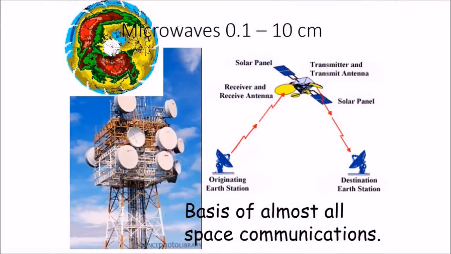Then the microwaves, that is 0.1 to 10 centimeter. Microwaves are the basis of almost all space communications. This is your transmitter, this is your receiver. You have, say, a satellite, where we have a receiver, it receives and then retransmits.